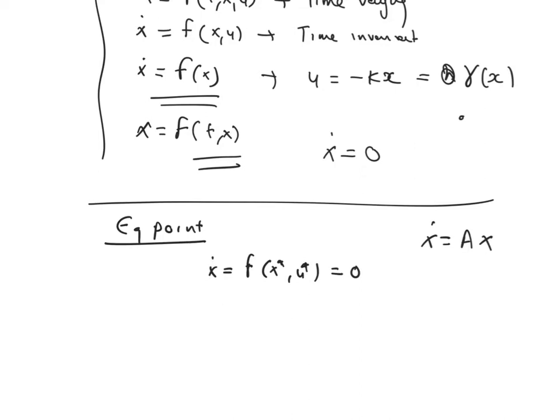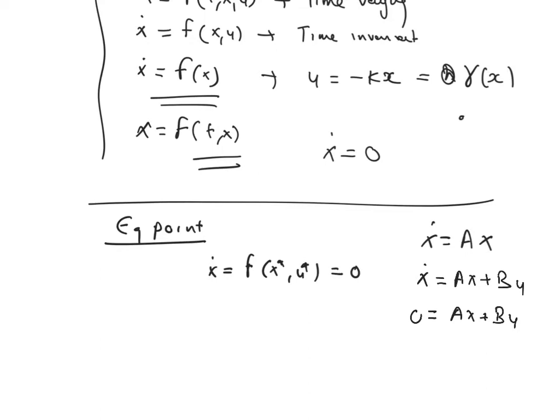Even if x dot equals ax plus bu, you can make it equal to 0, that is ax plus bu equals 0, and then you can solve for x and u. So your x star will change as u changes, but again, you will get a connected equilibrium point.